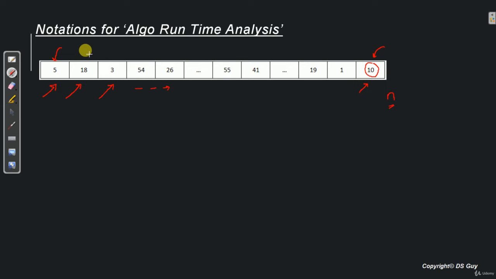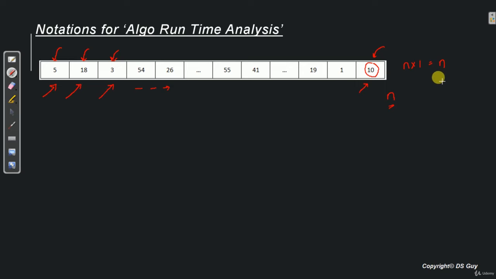We are just concerned about the number. So it takes 1 unit of time to visit the first cell, another 1 unit of time to visit the second cell, another 1 unit of time to visit the third cell and so on. So in total we have n number of cells over here. So it will take n into 1, that is n units of time.